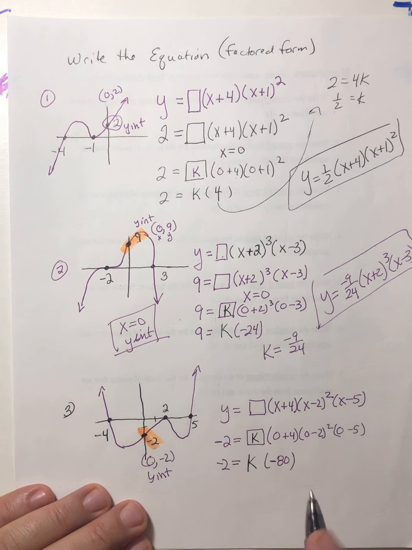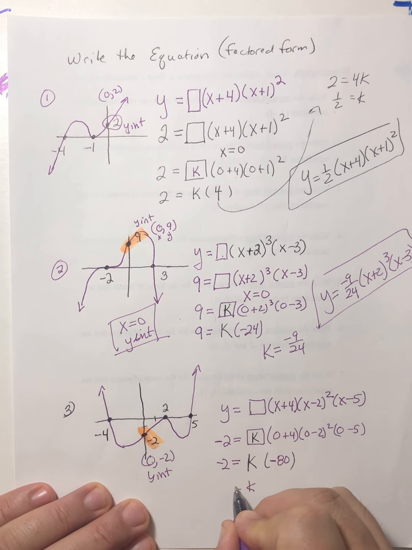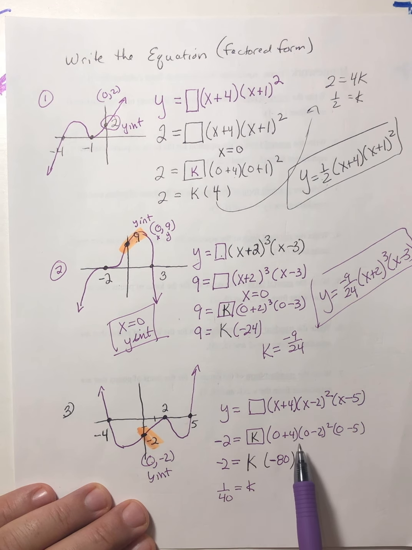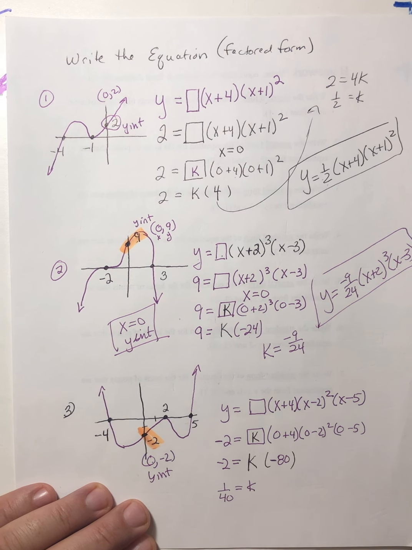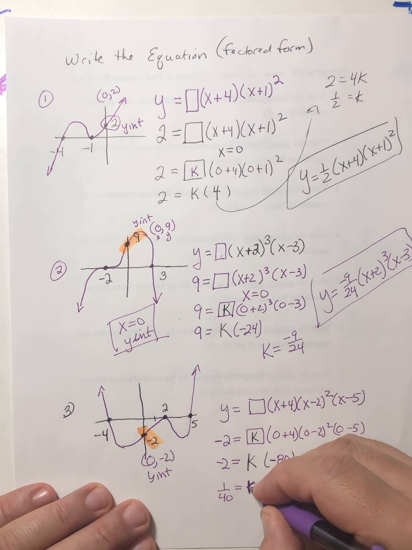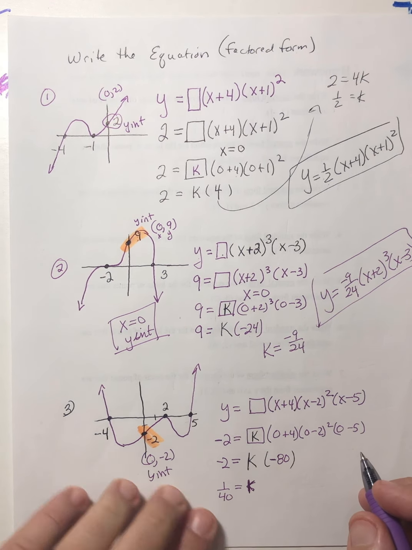Okay, and now we divide by negative 80, so k equals 1 over 40. How'd I get that? That's right, I divided by negative 80, so we got 1 over 40.